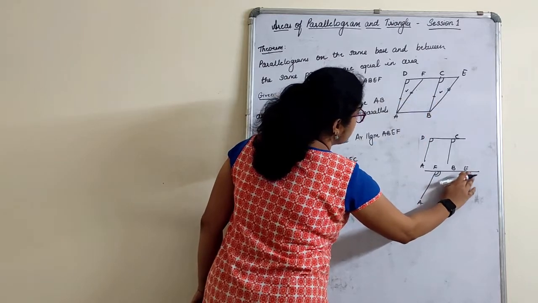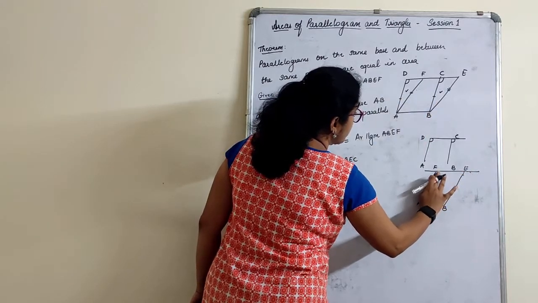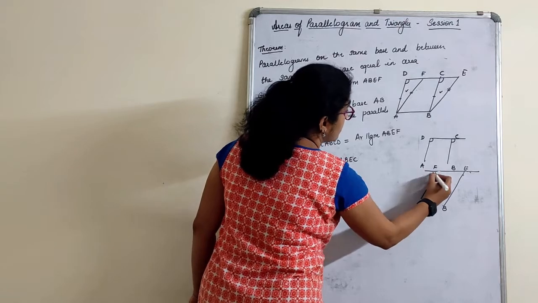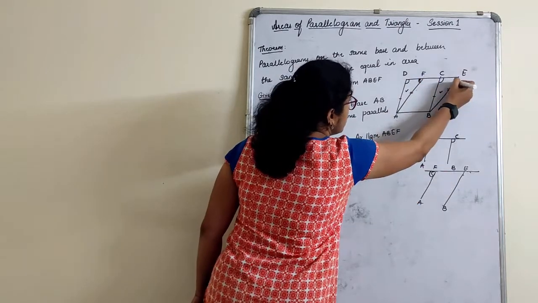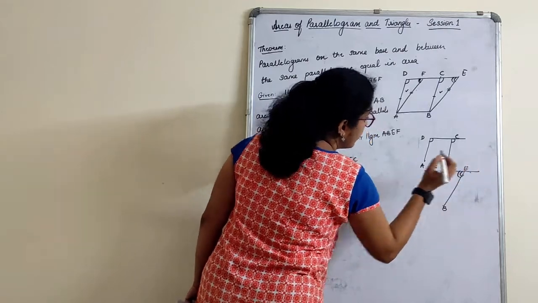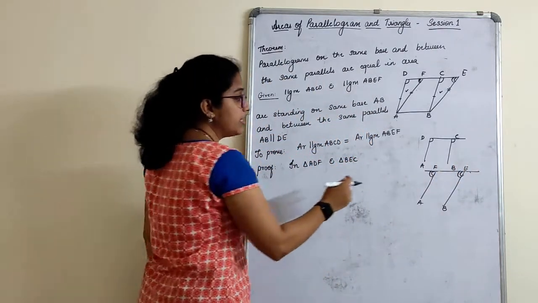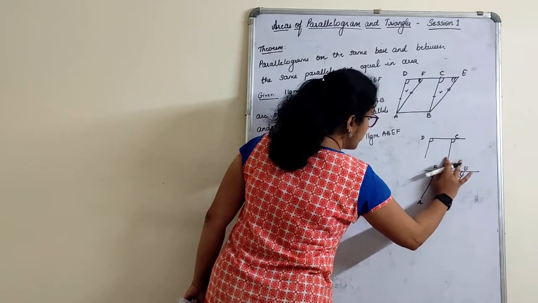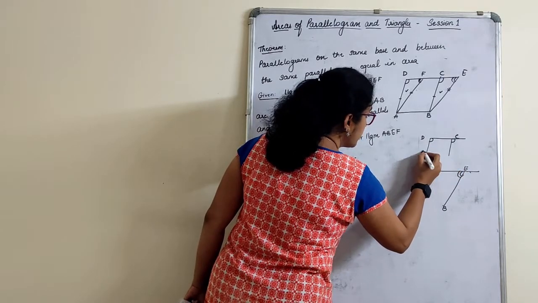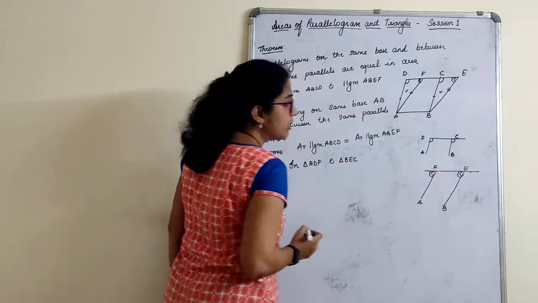Yes, I marked it wrong. So F is here. This is equal to this. Now I marked it correct. Don't get confused. I just shortened this part here, you will get confused which is A and B. Now it is very clear.